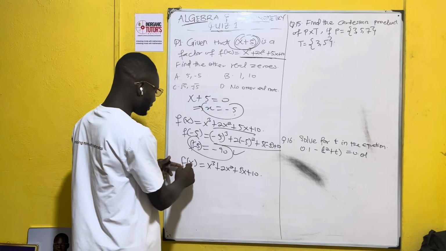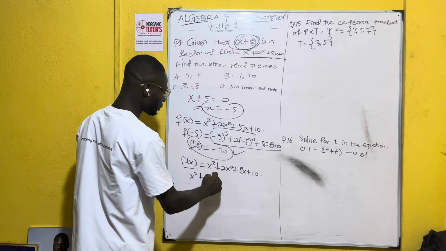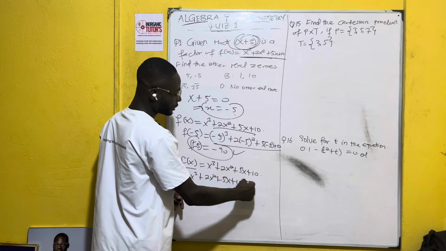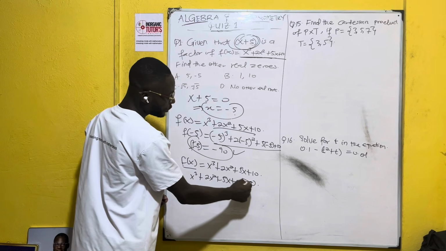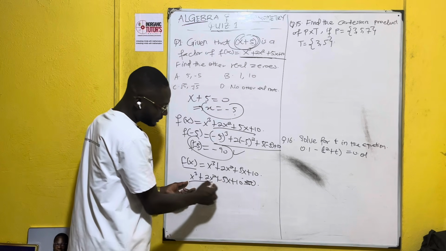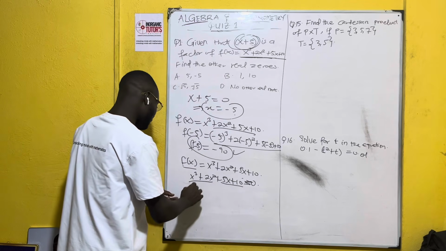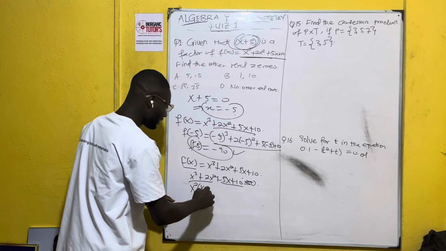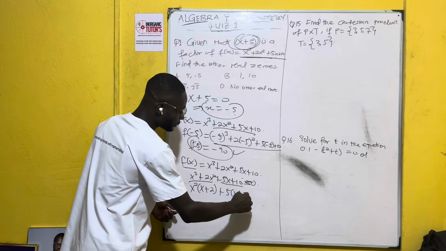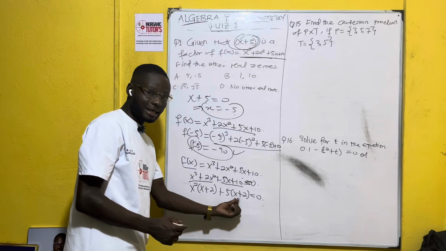So we set x cubed plus 2x squared plus 5x plus 10 equals 0. You can factorize the first two terms: x squared out, you have x plus 2, and 5 out, x plus 2. So x plus 2 is common.